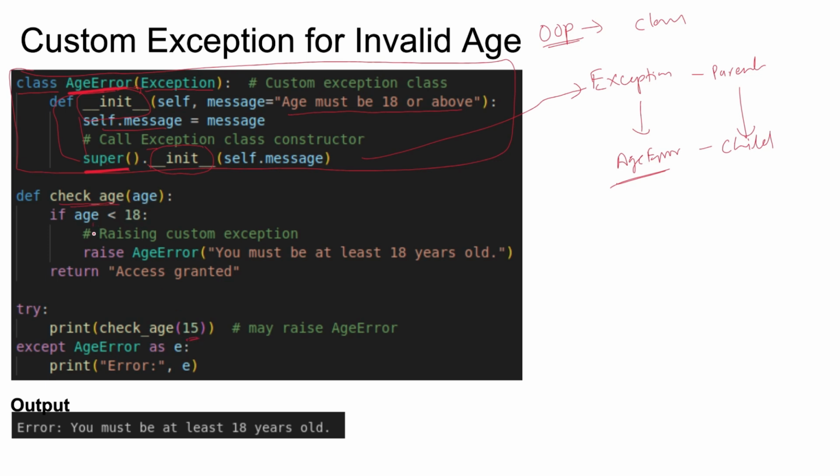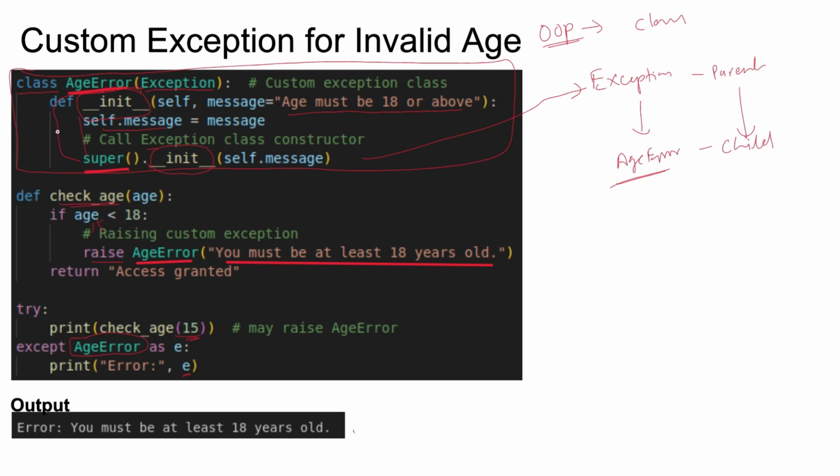It will check, oh, age is less than 18. Then it will raise AgeError, and this message will pass. So whenever this error is raised, it will be accepted and handled here, and this e will print this message: You must be at least 18 years old.